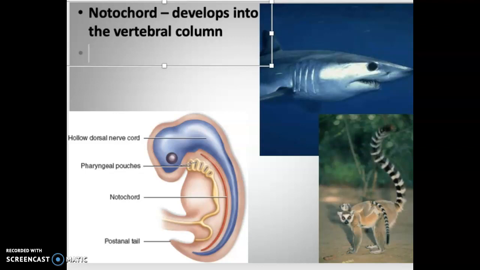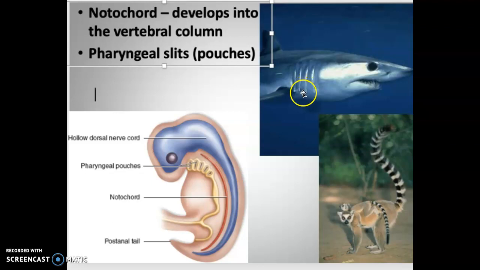We will also see the third structure. These little things called pharyngeal slits, or these little pouches on the side of the embryo here. These little things here are the pharyngeal pouches. In some, again, I'm trying to emphasize this verbally because you can't see me, in some members of this phylum, those will develop into gill slits.